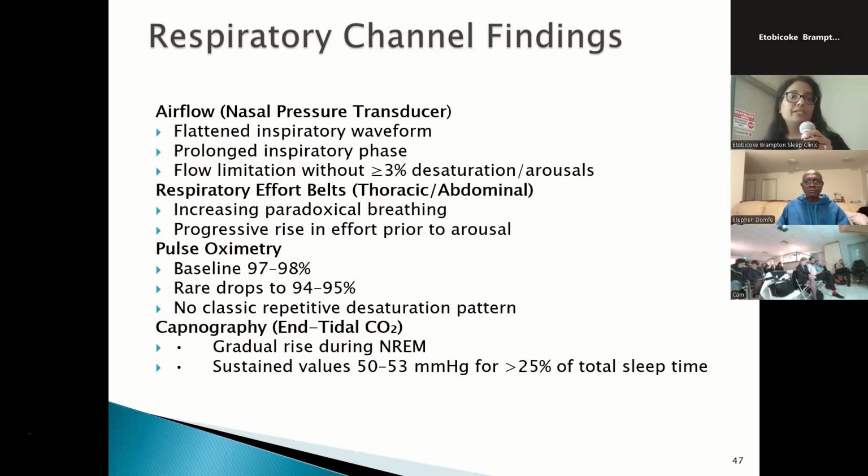Pulse oximetry shows baseline 97 to 98%, rare drops to 94 to 95%, no classic repetitive desaturation pattern. Capnography, end-tidal CO2, shows a gradual rise during REM, with sustained values of 50 to 53 mmHg for greater than 25% of the total sleep time.